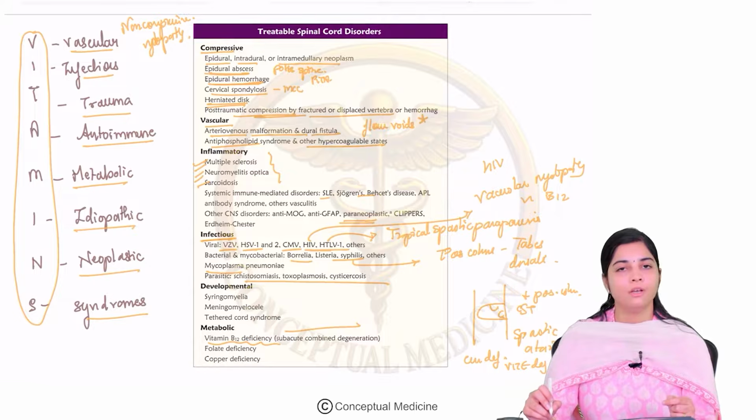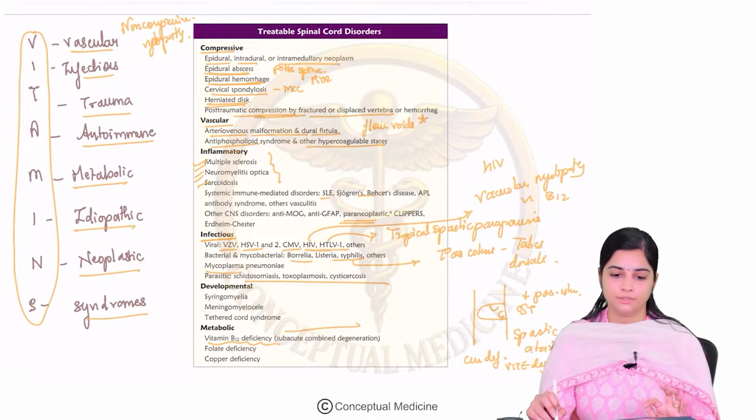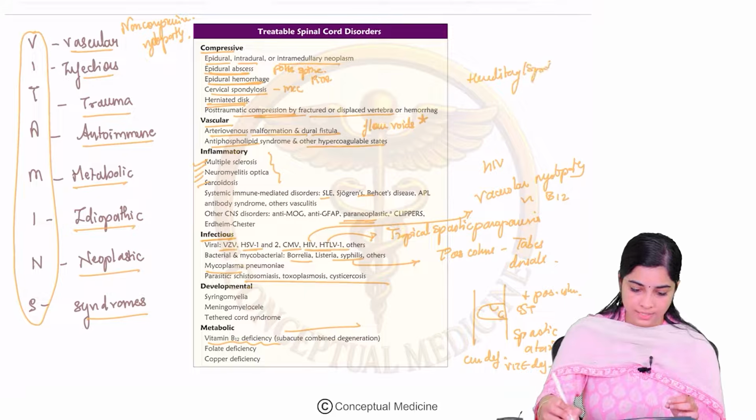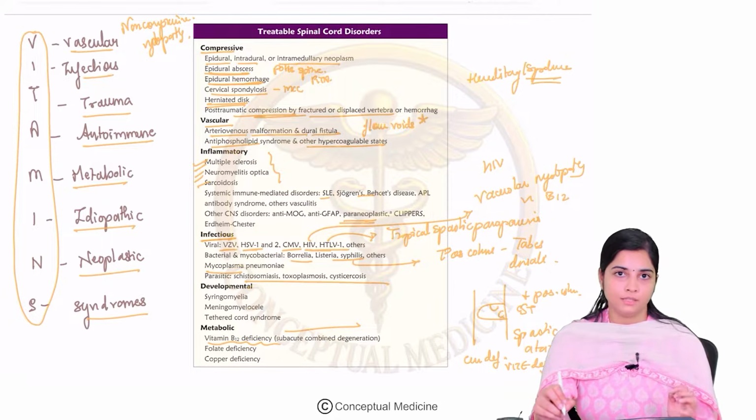All of these have a similar presentation. So this is about the various causes for non-compressive myelopathy. We have understood what is compressive, what is non-compressive and the various etiologies. Amongst the non-compressive myelopathies, never forget your hereditary myelopathy or syndromes. So that is another cause.